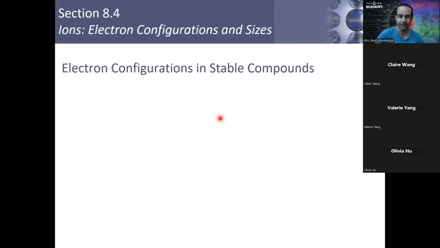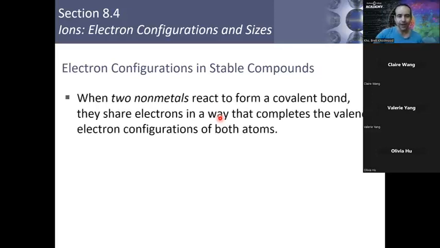So in general, if we have 2 nonmetals, which are on the right-hand side of our periodic table, they will always form a covalent bond. Remember, because the delta EN, the electronegativity difference, is going to be very small.